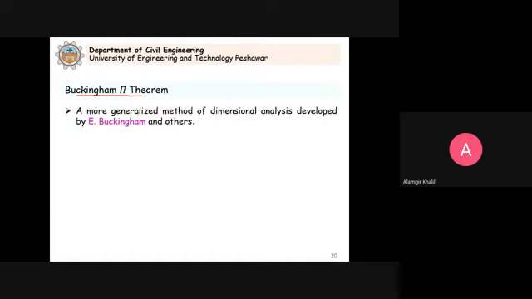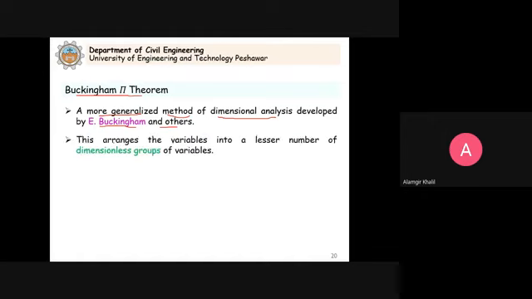Now, a more generalized method of dimensional analysis developed by Buckingham and others. Actually, it was developed by several researchers, scientists, engineers, mathematicians, but the credit goes to Buckingham because he generalized the method that we apply today.